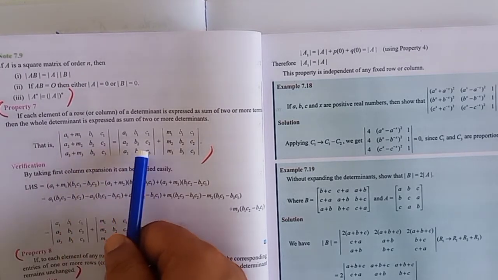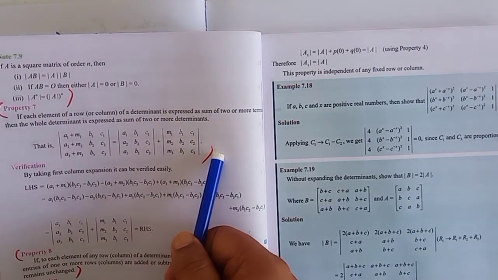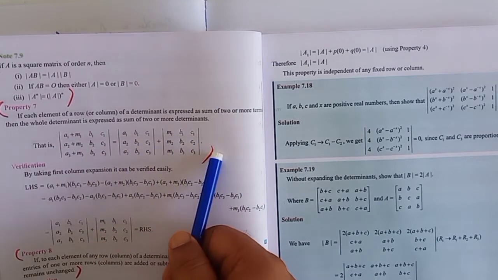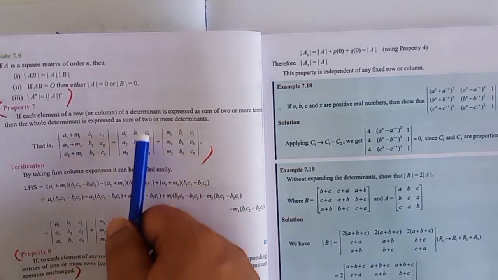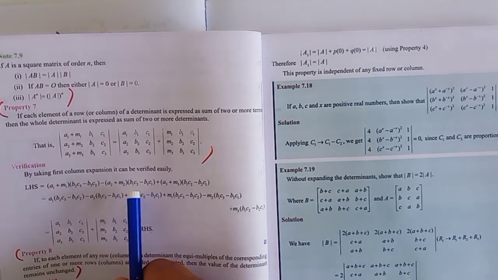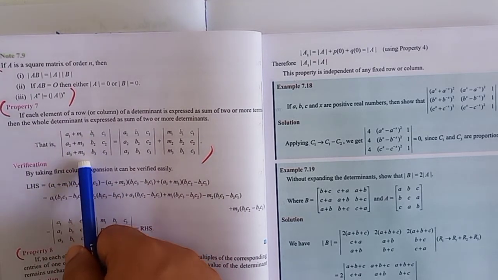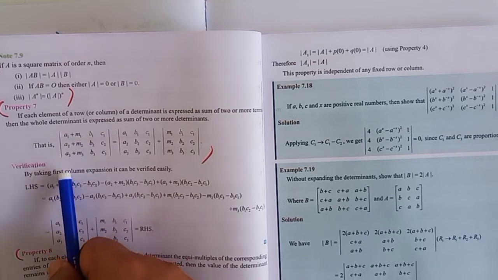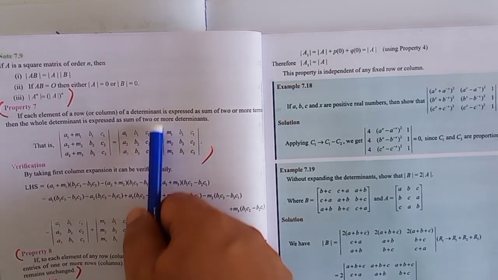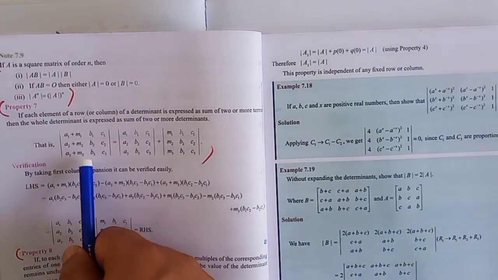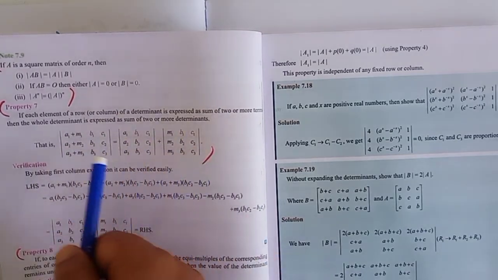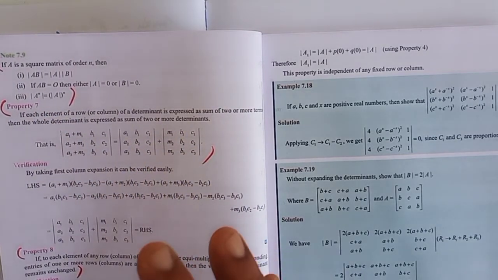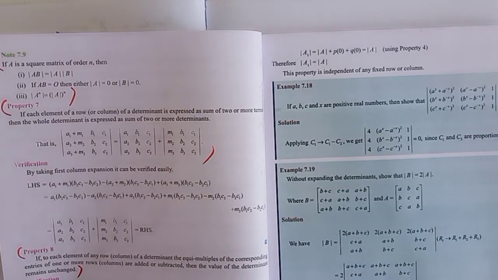This can be expressed as a sum of two determinants. In these two determinants, second column and third column are same. The first column of the first determinant is A1, A2, A3. And the second determinant first column is M1, M2, M3. That is given in property number 7. I will give an example, you can easily understand.